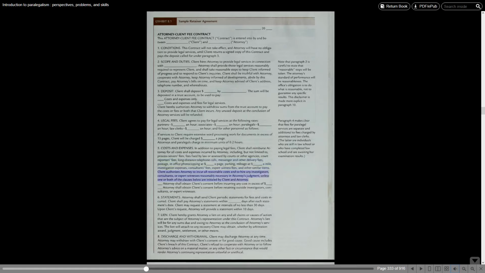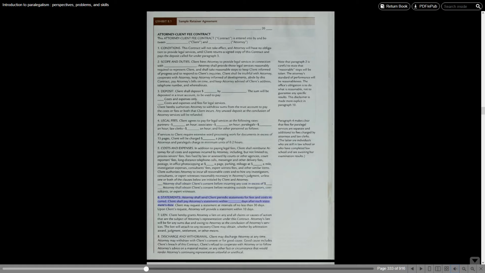Client authorizes attorney to incur all reasonable costs and to hire any investigators, consultants, or expert witnesses reasonably necessary, in attorney's judgment, unless one or both of the clauses below are initialed by client and attorney. Attorney shall obtain client's consent before incurring any cost in excess of $__. Attorney shall obtain client's consent before retaining outside investigators, consultants, or expert witnesses.